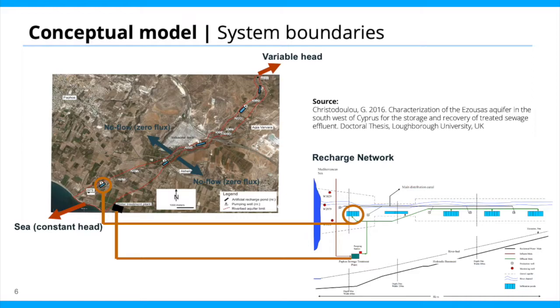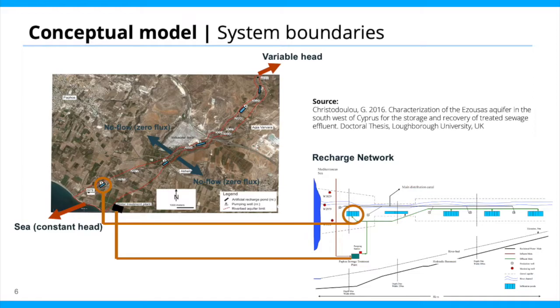Other boundary conditions such as infiltration through infiltration ponds or extraction through wells will not be considered in the computations. We expect to develop a model that will take into account these dependencies in the next few months.